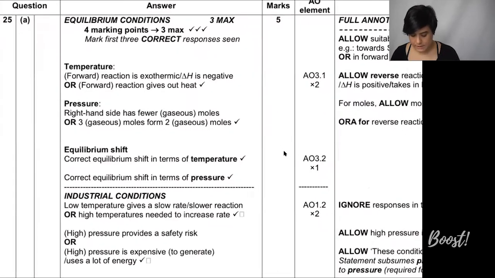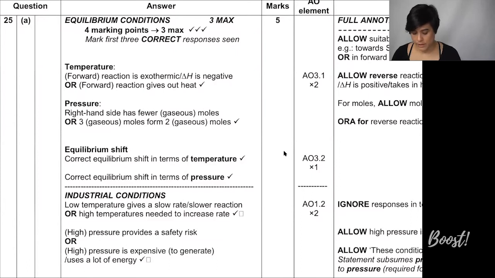So again, it says 4 marking points. You've got forward reaction is exothermic because the delta H was negative, and then right-hand side has fewer gas moles for the pressure side of it. Therefore, we've got the correct equilibrium shift in terms of temperature, i.e. shifting towards the right, and the correct equilibrium shift in terms of pressure, i.e. shifting towards the right also.